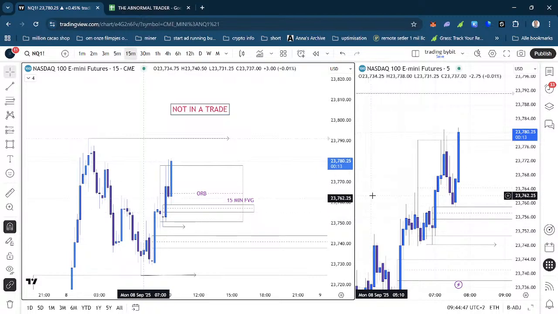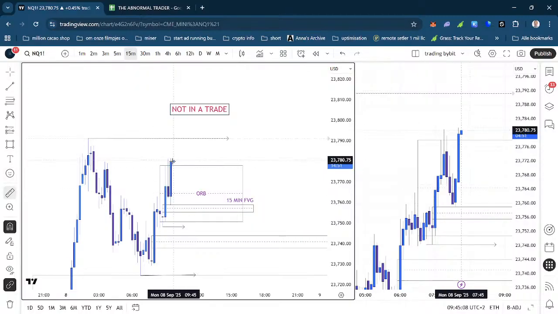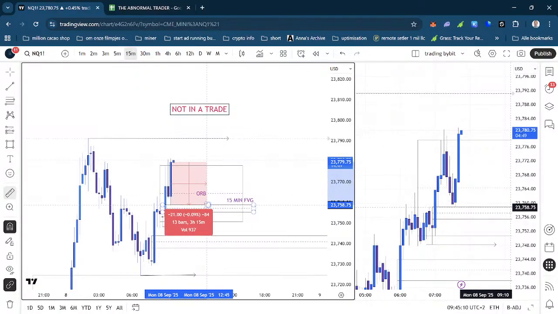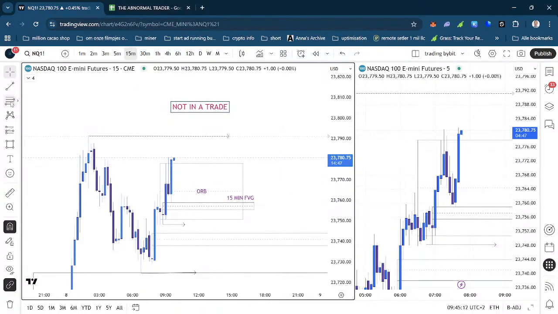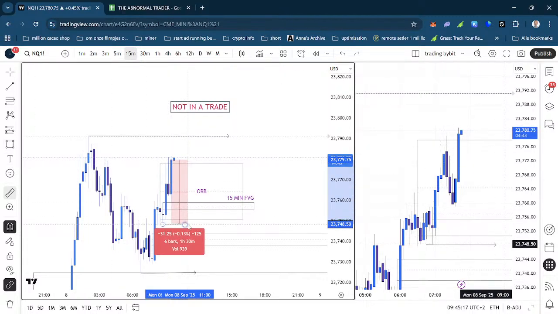So that would be a breach in 10 seconds. That was a close one. Let me calculate how many points that would be. Actually, 21 points, or if you take the low, that would be 31 points.